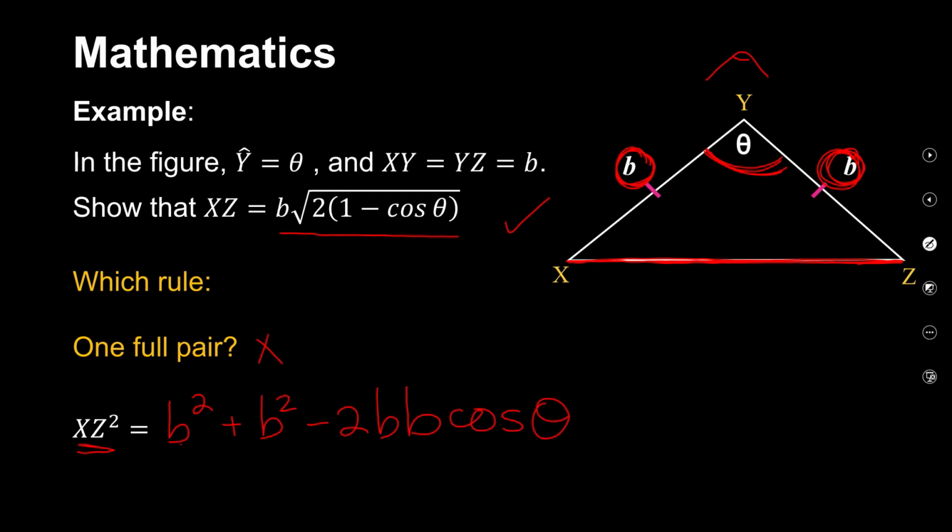Okay, so basically we're saying XZ squared is equal to XY squared plus YZ squared minus 2 times XY times YZ times cos of the angle in between, which is theta.